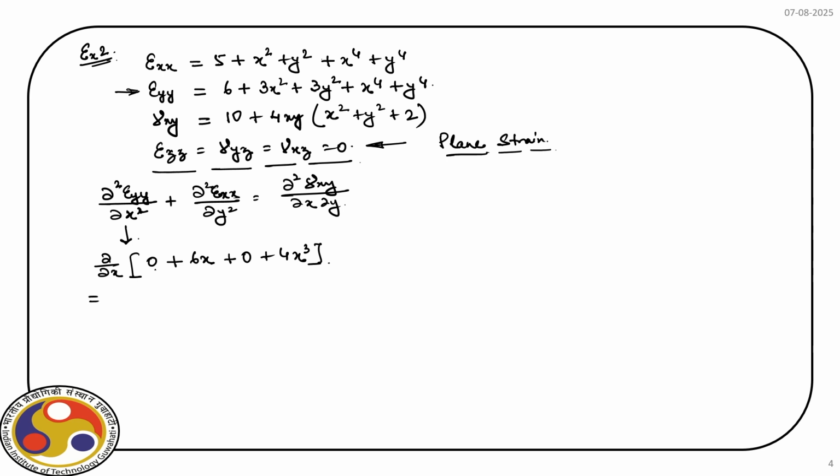Then if we differentiate once more, what we have is 6 plus 12 x square, right. So, that is the first term. Okay. So, on the left hand side, the first term is 6 plus 12 x square.